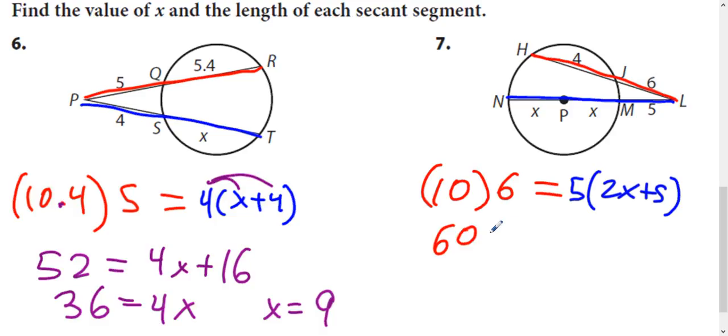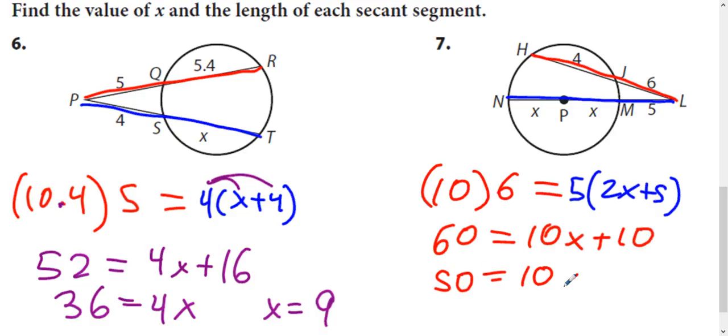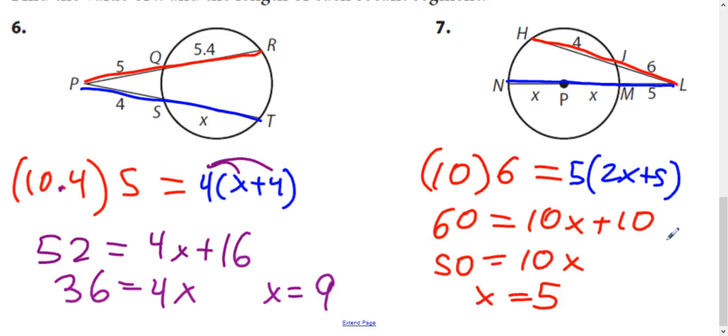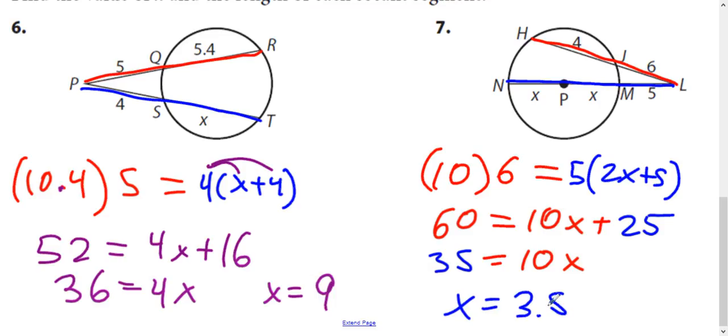So 60 equals 10x plus 25. So we get 35. And then x equals 3.5.